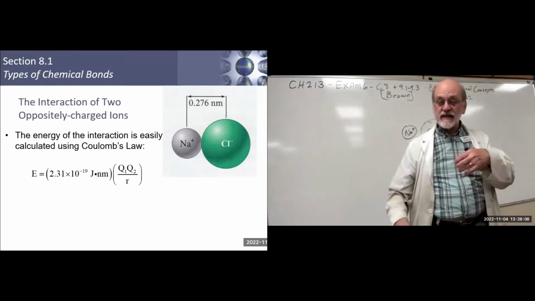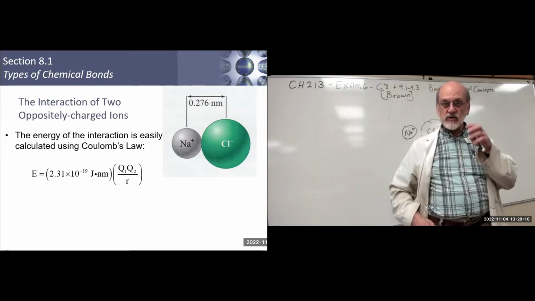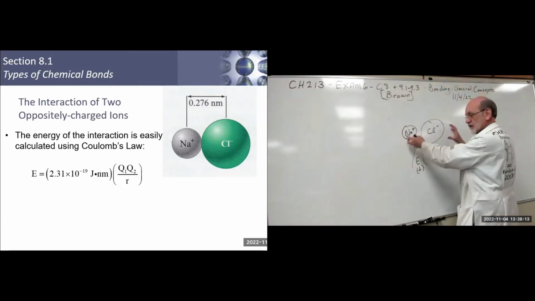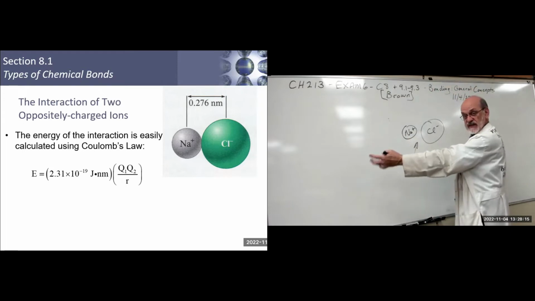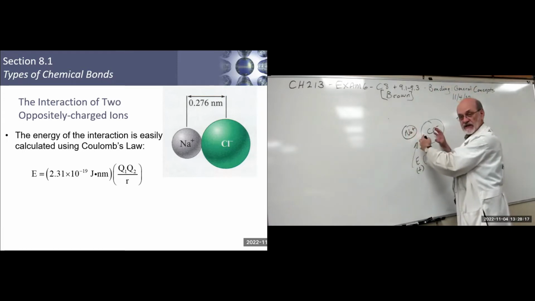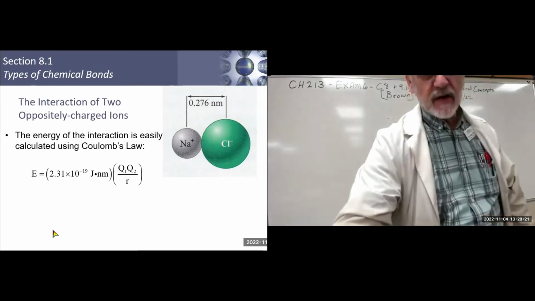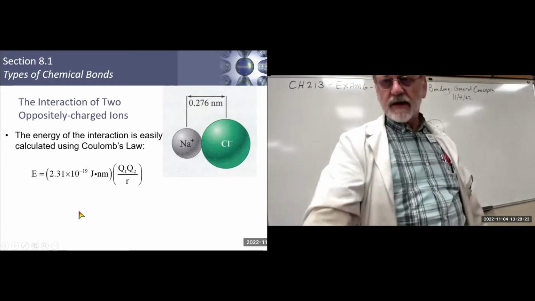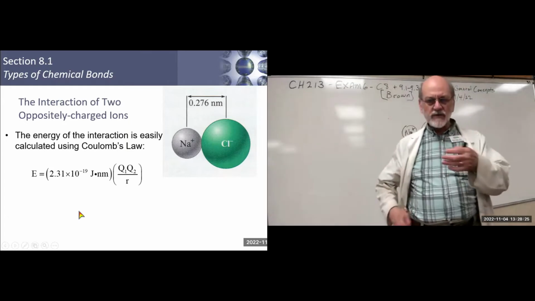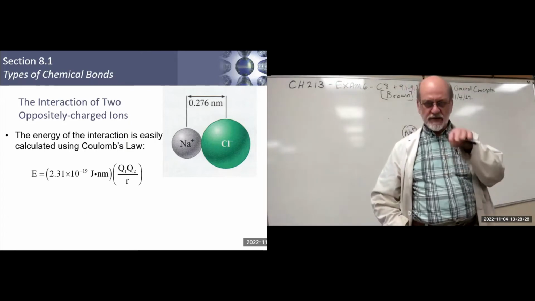So it's easy to calculate the amount of energy that you get back from these two ions coming from a distance of infinity down to their bond distance. And that energy you give up is calculated here. So ionic compounds are fairly easy to understand on this basis.